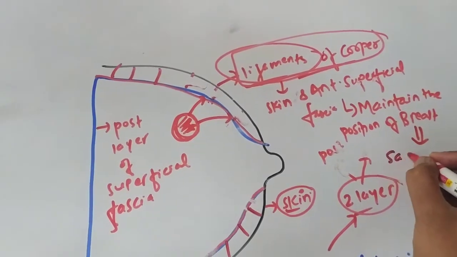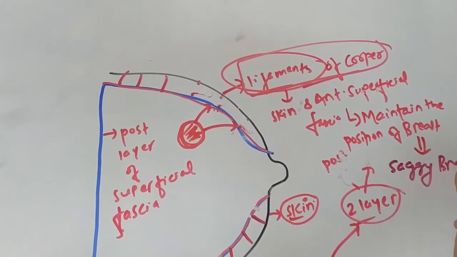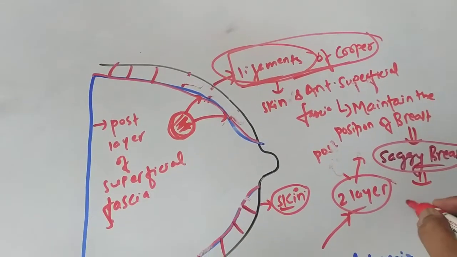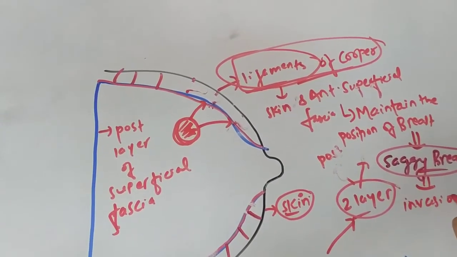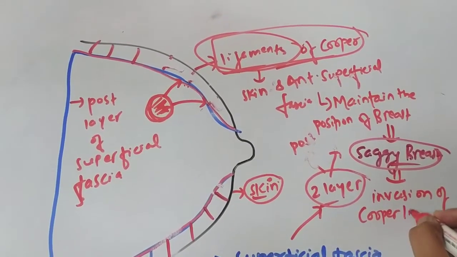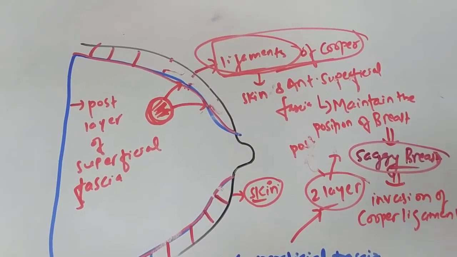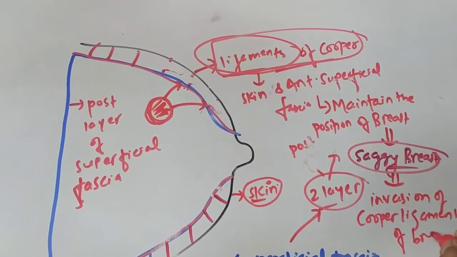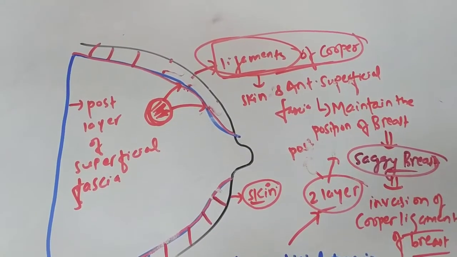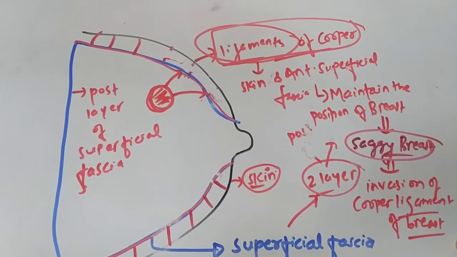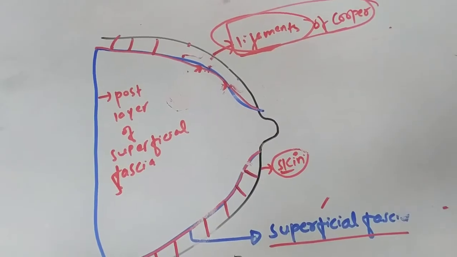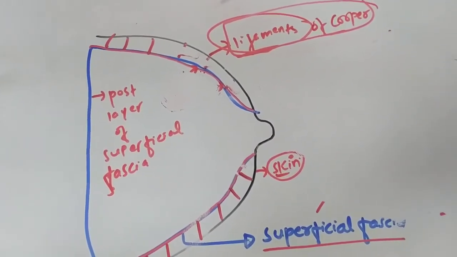So there will be a saggy breast if there is an invasion of the Cooper ligament of the breast. It will not be in its normal position. So that was the clinical part that we discussed.